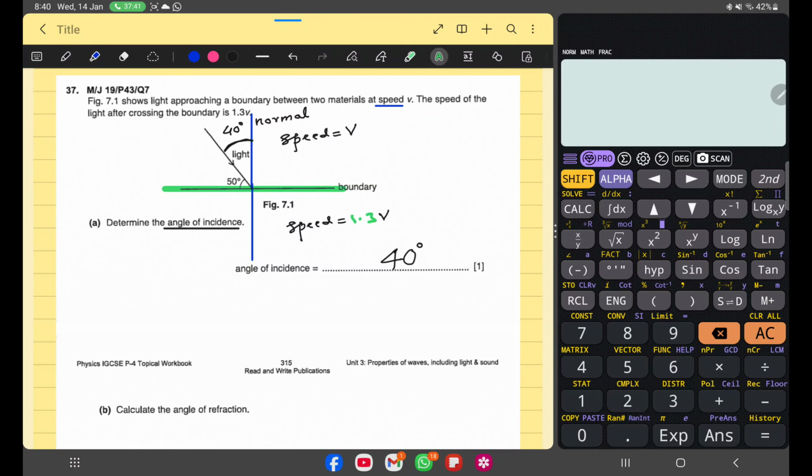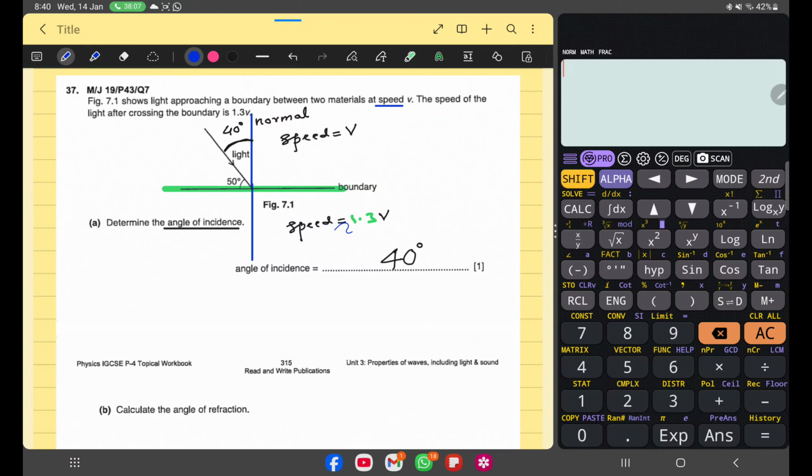Rafik, can you tell me whether the speed after crossing the boundary is increased or decreased? Yes, both are correct, sir. The speed is increased. When the number is less than one, it means the speed decreases. If the number is greater than one, then the speed is increased.